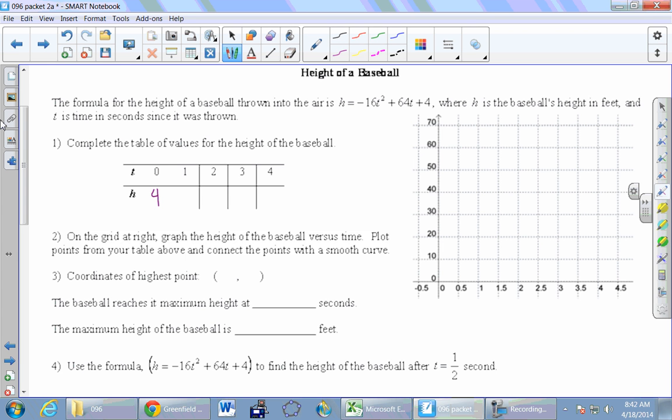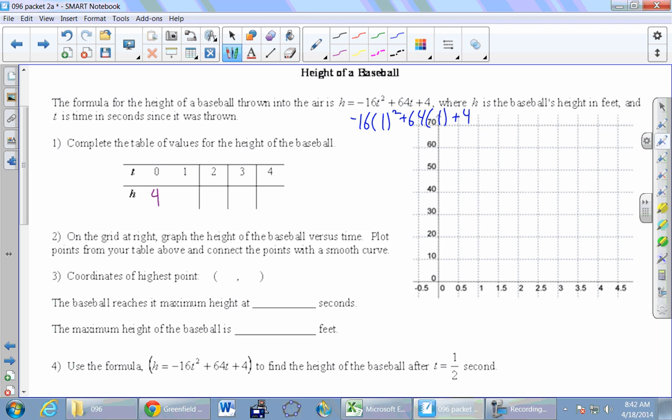And then it's going to go up and then slow down and then stop for just a moment and then come back down and hit the ground. So let's see what happens if we plug t equals 1 into that same formula. So -16 times 1 squared plus 64 times 1 plus 4. So we need to know what this is. Everybody see what we're doing?